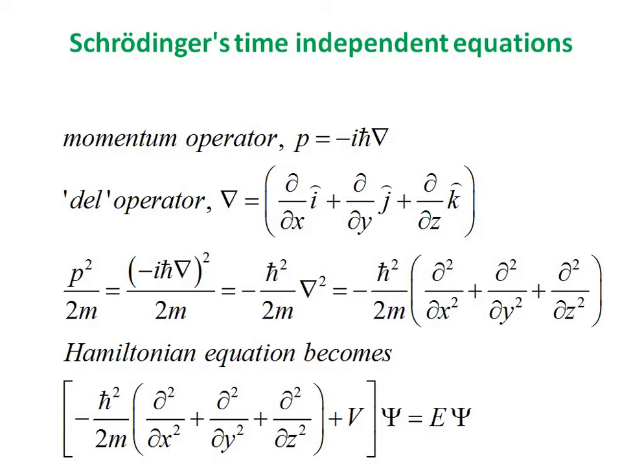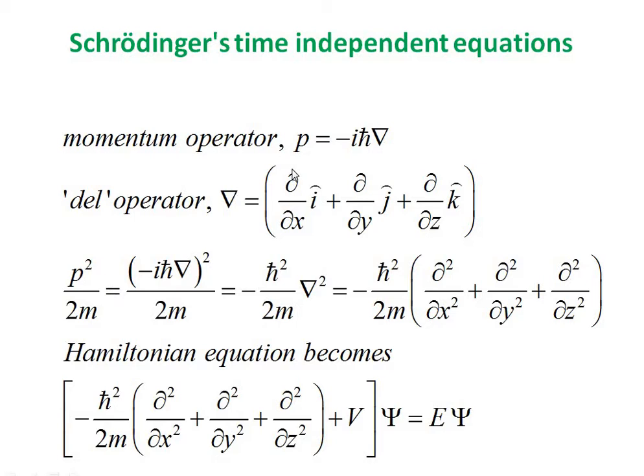Instead of simply saying p, we will replace momentum by its corresponding operator. P is equal to minus i h cross del, where the del operator is given by dou by dou x i plus dou by dou y j plus dou by dou z k. The dou by dou x is the partial differential along the x direction.